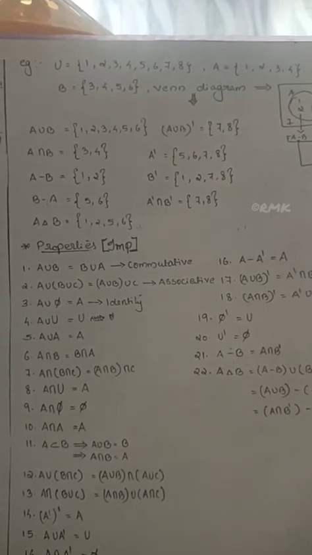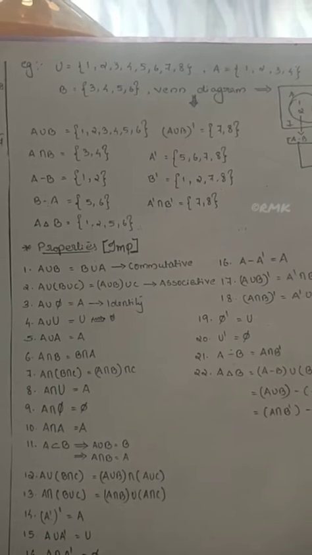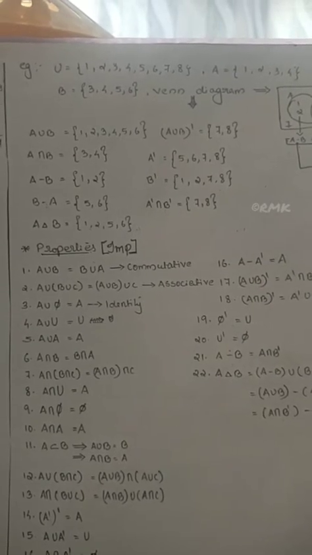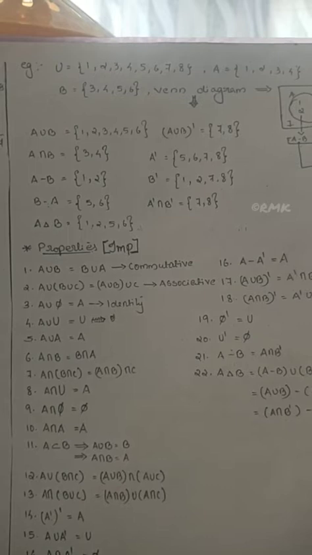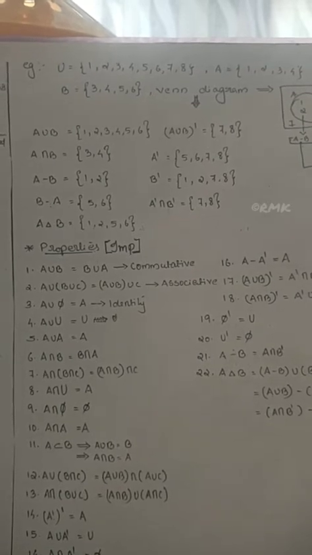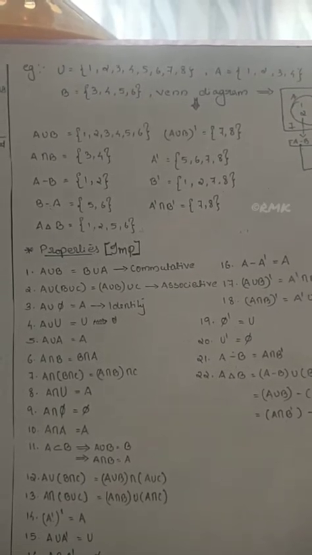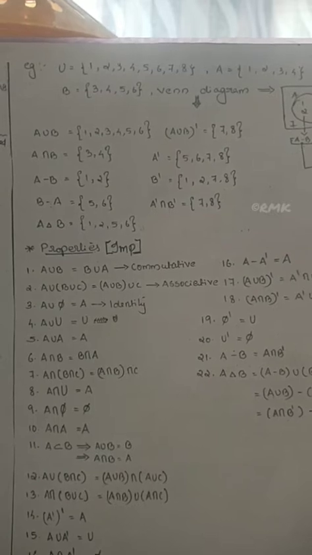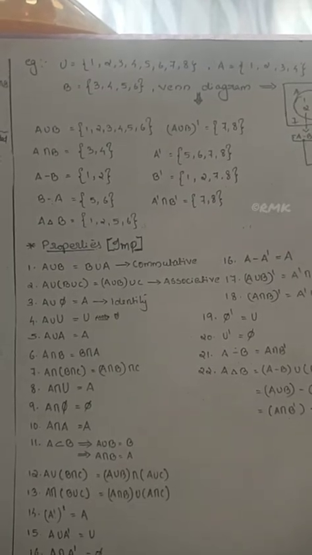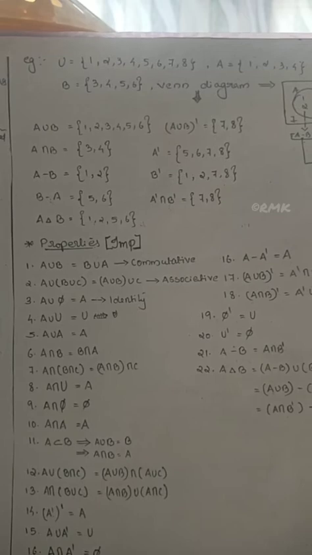B minus A is contained in B, not belonging in A, that are 5 and 6. A delta B is the union of A minus B and B minus A, that are 1, 2, 5, 6.